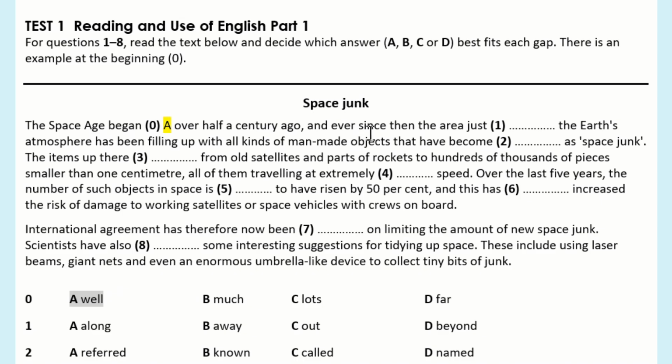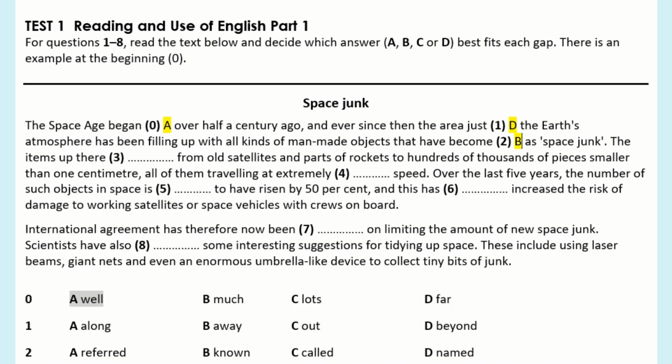And then it continues: and ever since then, the area just beyond the Earth's atmosphere has been filling up with all kinds of man-made objects that have become, and the answer is known as space junk. So those two there, the first one, beyond, you may not know the meaning of that, but it's further than a fixed point.